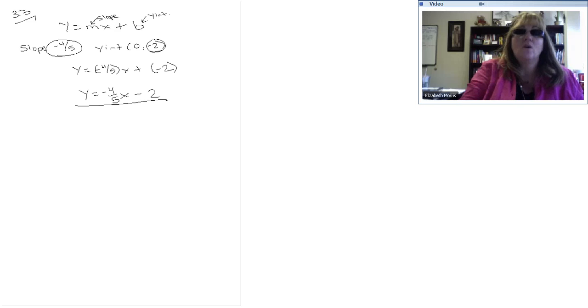Done. All you did was put in the slope where the slope was and the y-intercept where the y-intercept was. Done. Okay? Let me show you how easy it is again.